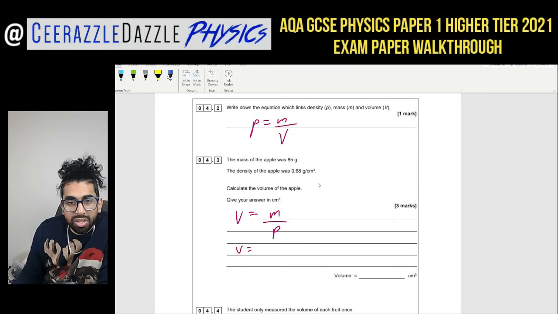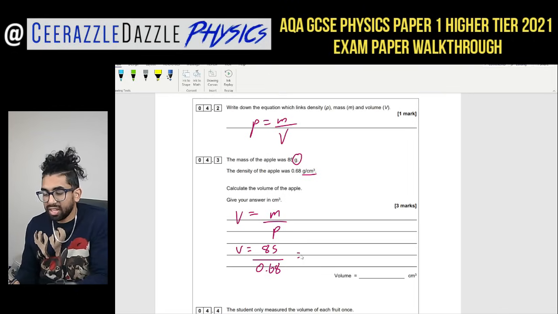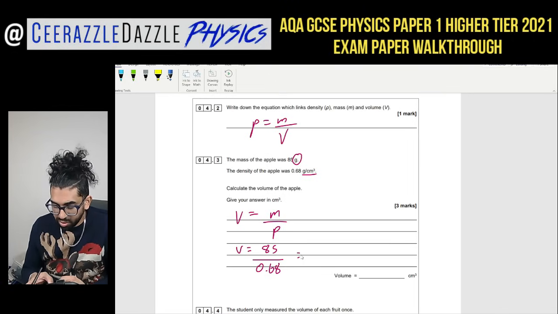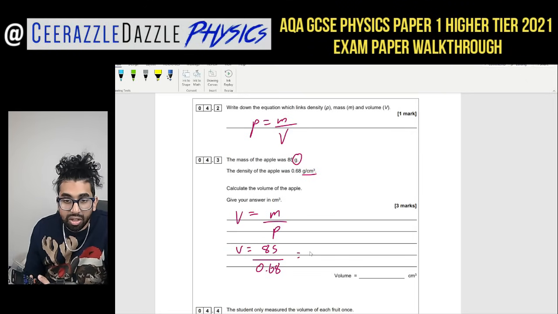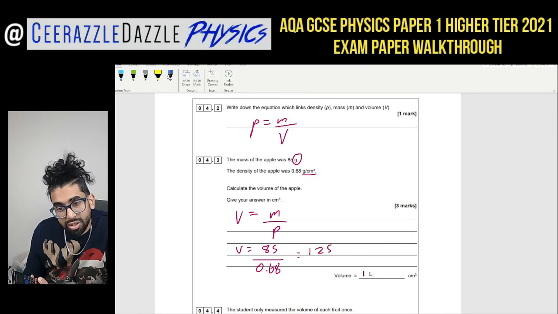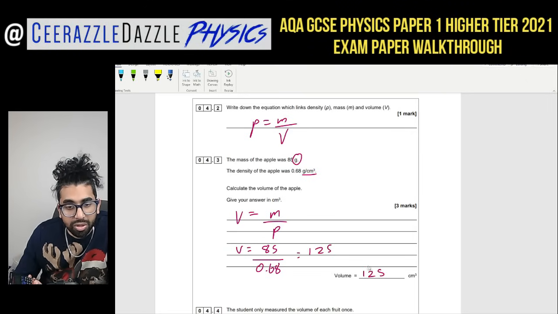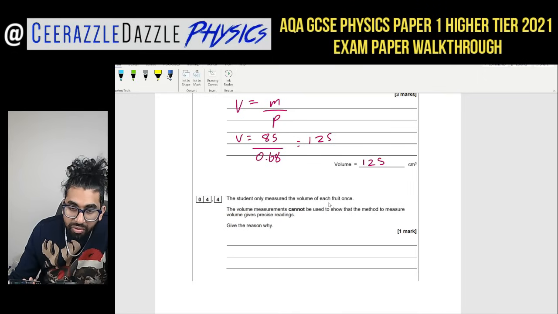And look, because they've given me the mass in grams and the density in gram per centimeter cubed, I don't have to do any changes over here. So 85 is my mass divided by 0.68. So therefore over here it's going to be 85 divided by 0.68. It's going to be 125 centimeters cubed.